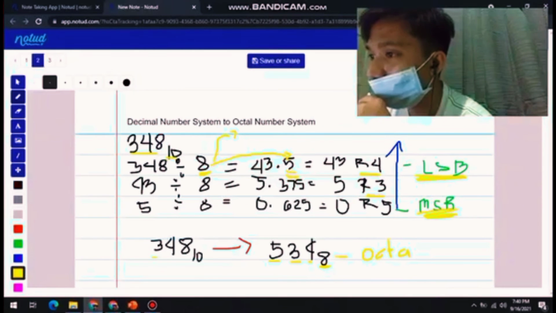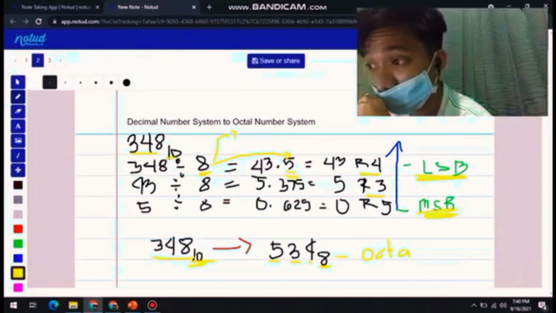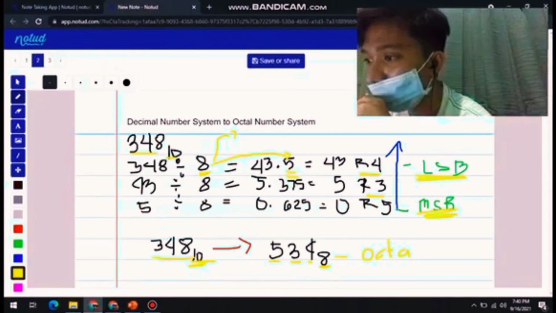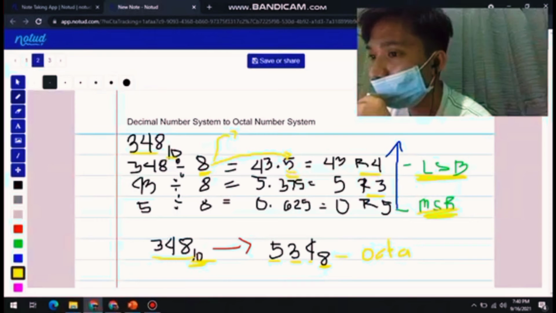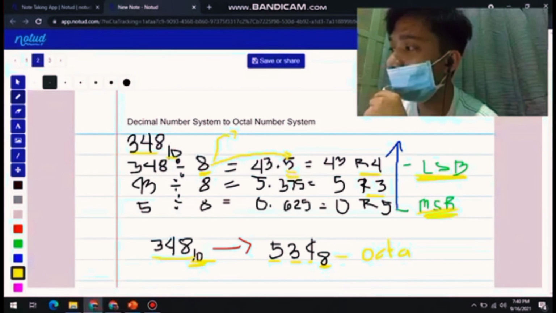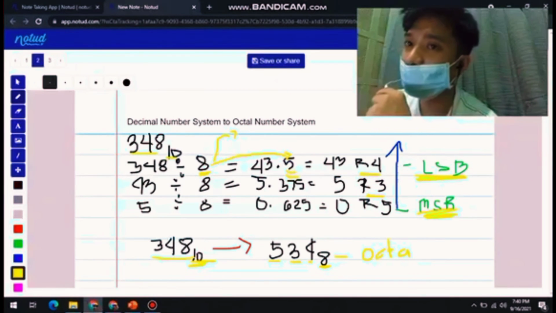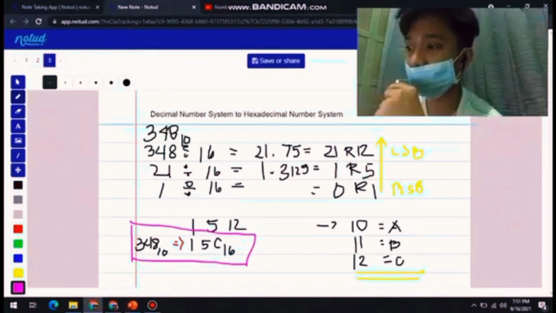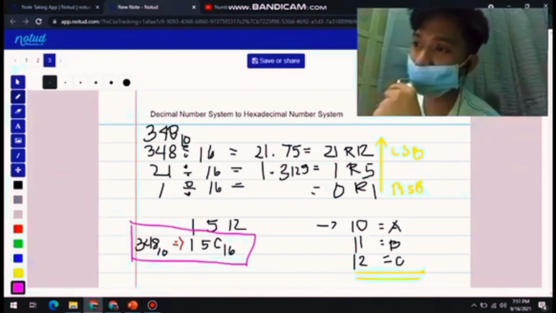So from 348 with a base of 10 because it's decimal number system, now it is 534 with a base of 8. So let's proceed to the other conversion or the last part.